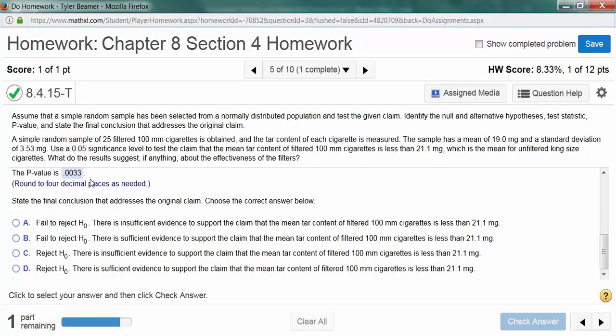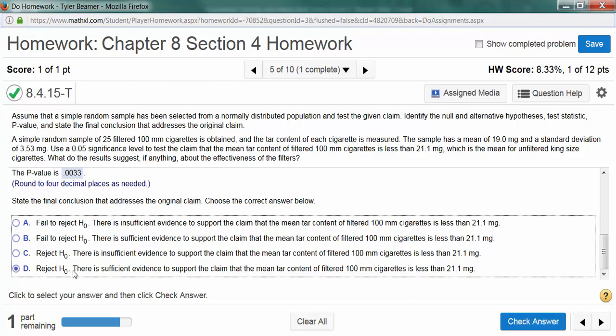And then we use that p-value to do a conclusion. So we compare the p-value to alpha. If our p-value is less than alpha, then that's enough evidence to reject the null hypothesis. So we would want D here. We reject the null. There is sufficient evidence to support the claim that the mean tar content of filtered cigarettes is less than 21.1.